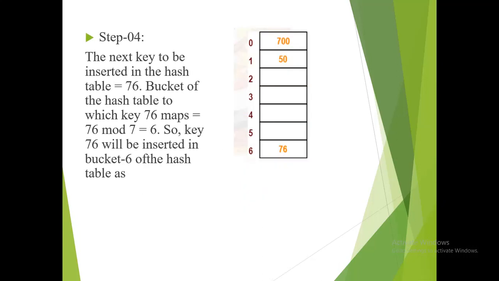Next, the key to be inserted is 76. The bucket to which key 76 maps is 76 mod 7 equal to 6. So key 76 will be inserted in bucket 6 of the hash table.